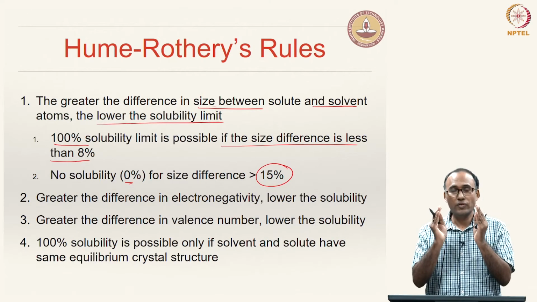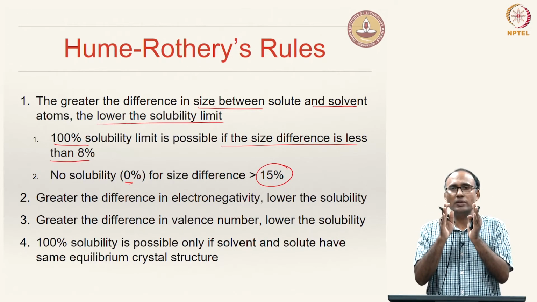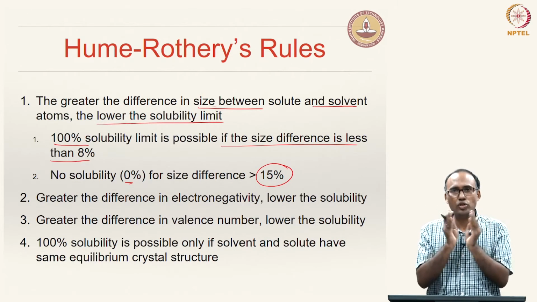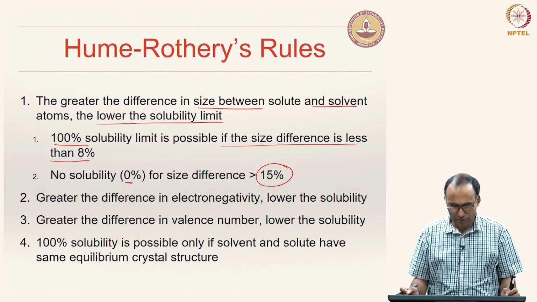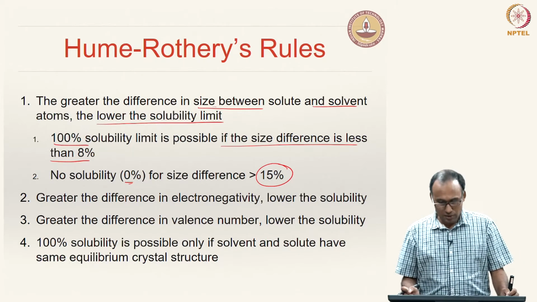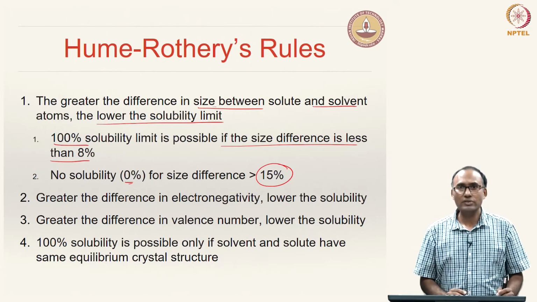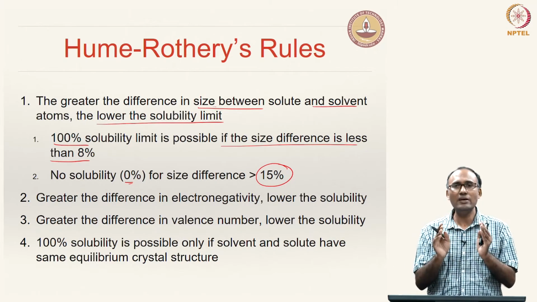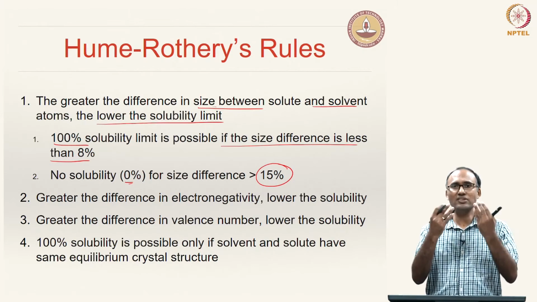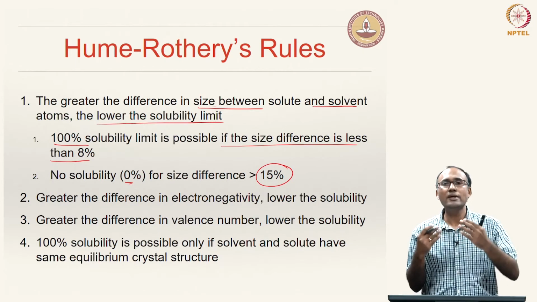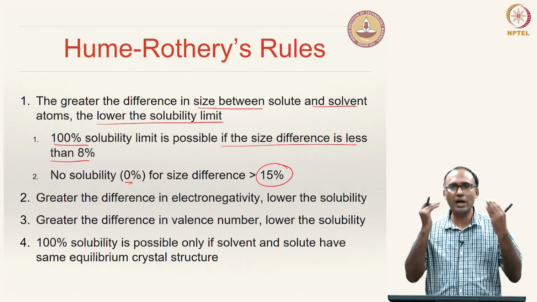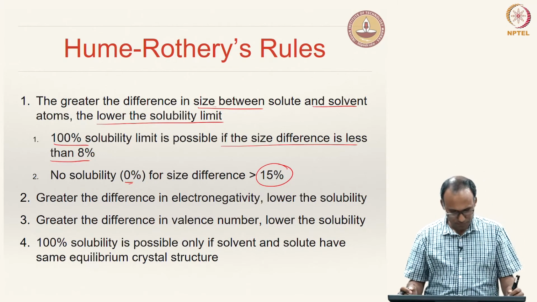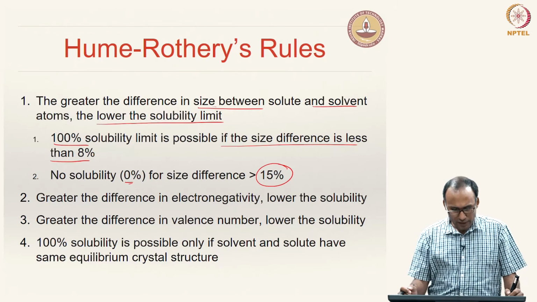So, if you want to enhance the solubility, their electronegativity values should also be very close to each other, and the difference in valence number should also be very small. That means the valence numbers of atom A and atom B should be as close as possible in order to have greater solubility.